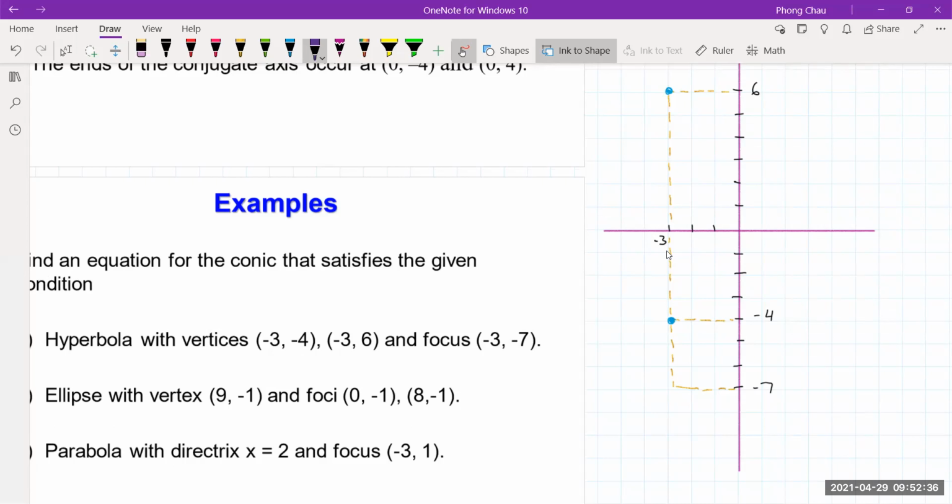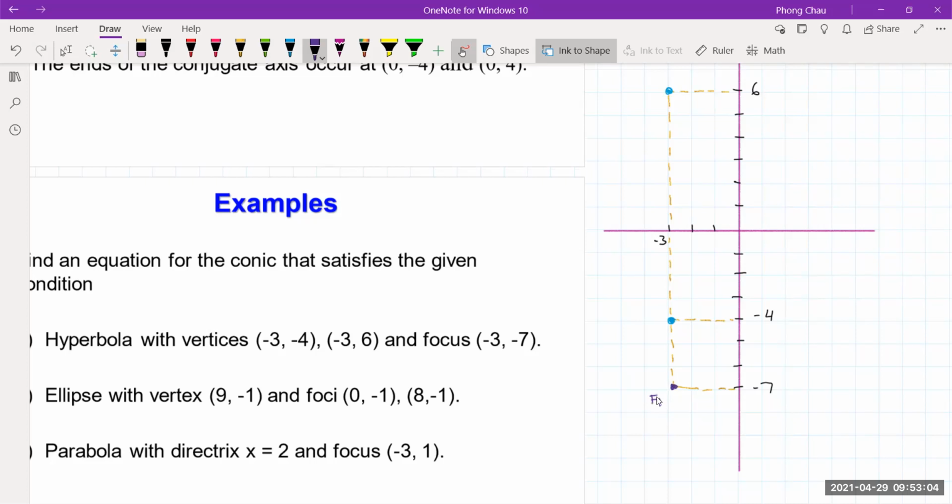So that's my vertex 1. (-3, 6) will be here. So that's vertex 2. The focus is located at (-3, -7), so it would be down here, right? So this point is my focus 1.